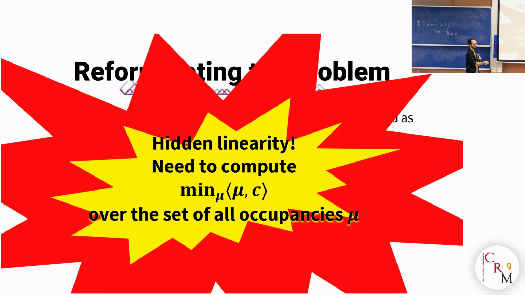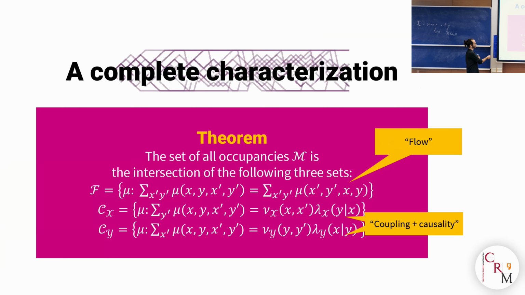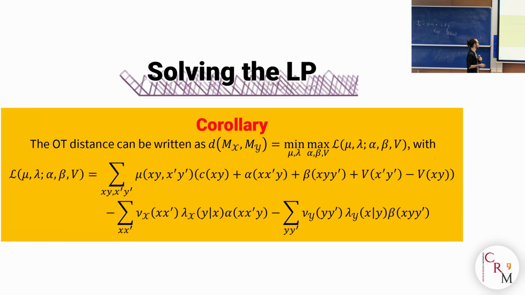But my favorite way of solving it is by primal dual methods. So essentially, introduce Lagrange multipliers for all of these constraints, for the flow and coupling and causality constraints, and write down the resulting Lagrangian function, which is just the original objective function plus the Lagrange multipliers multiplying the constraint violations.